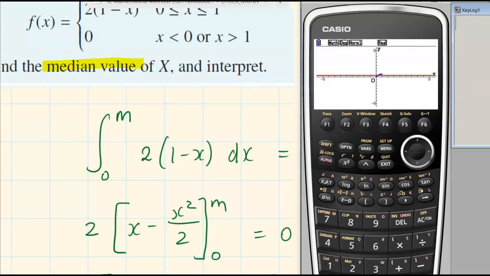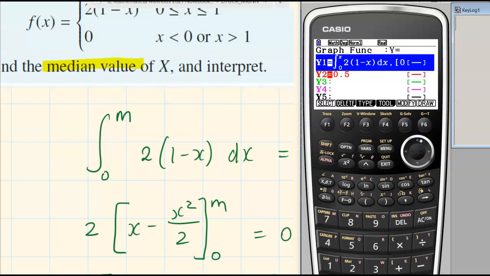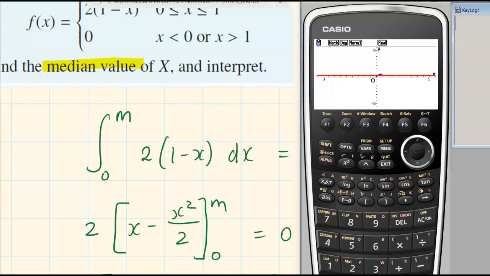And there we go. So all I did then, just so that you can see, I've just restricted my domain so it doesn't give me the two solutions. We're only looking for solutions between 0 and 1. Then I press G solve, intersect, and it gives me the one solution.